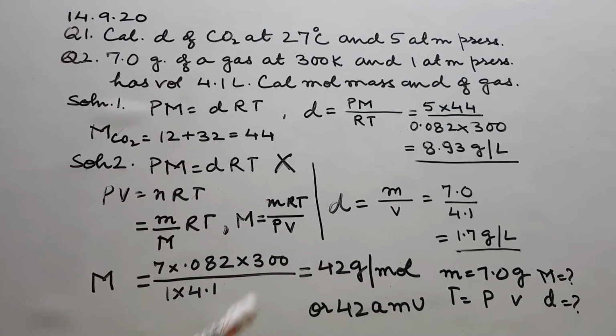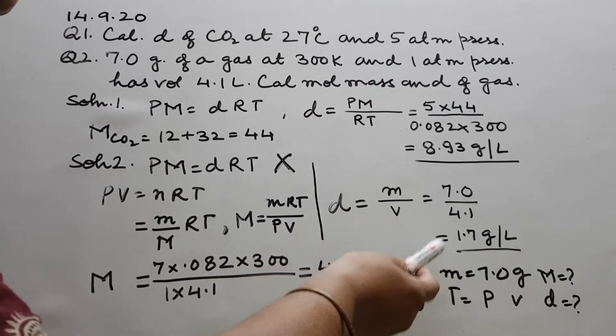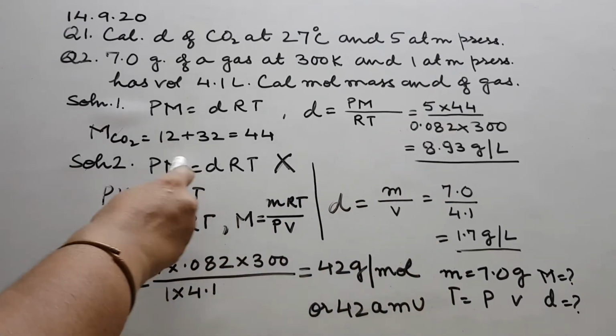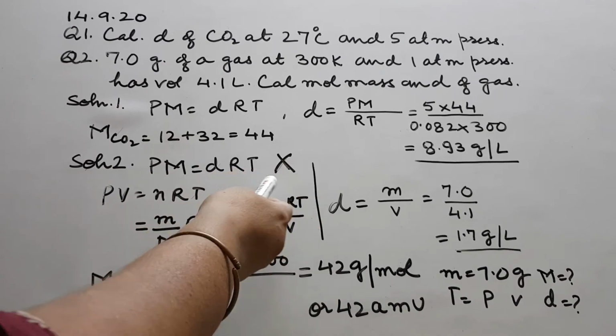So your choice. Maybe somebody else says, okay, now I'll first calculate D this way. I got this D. I'll put this value of D here. Then I'll calculate M. Your choice. When I was doing it, what struck me first? I knew the formula PM is equal to DRT because D was asked.